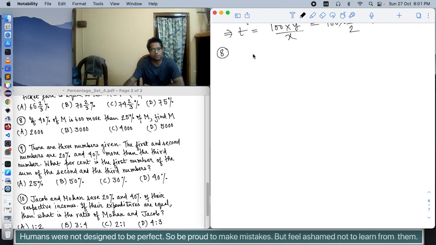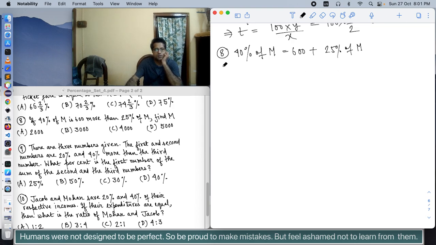If 40% of m is 600 more than 25% of m, find m. What is given? 40% of m is 600 more than 25% of m. This is the mathematical form of the given problem statement.